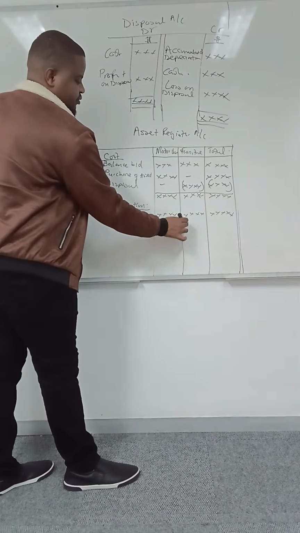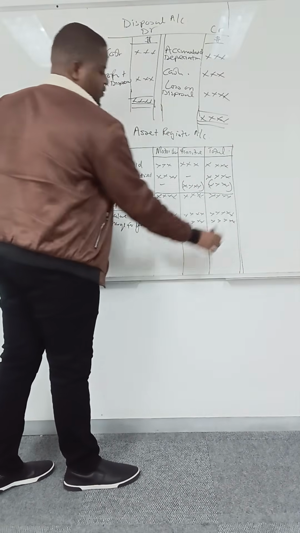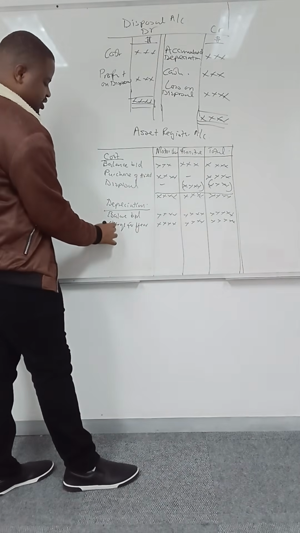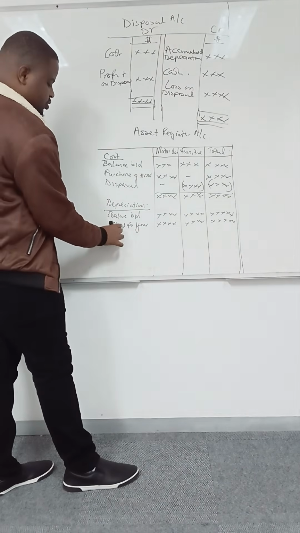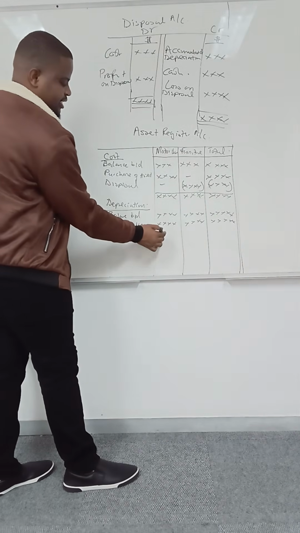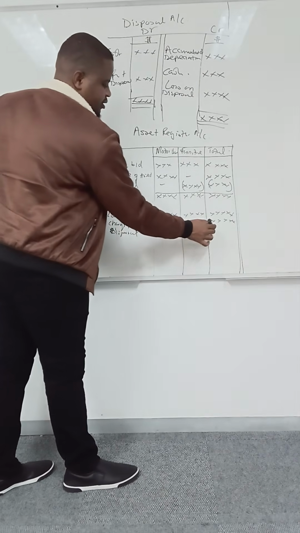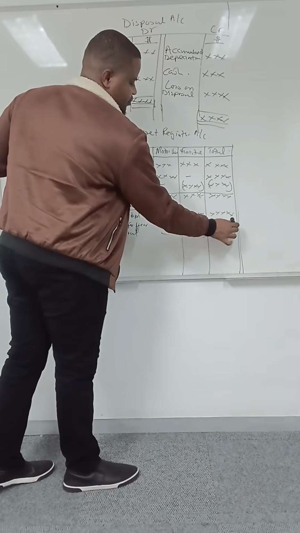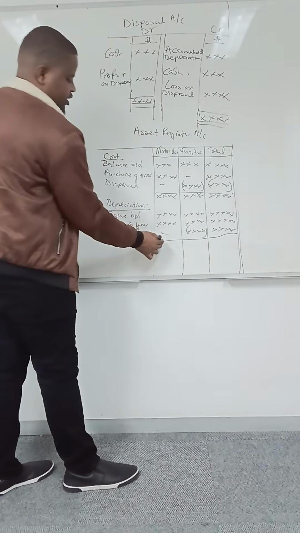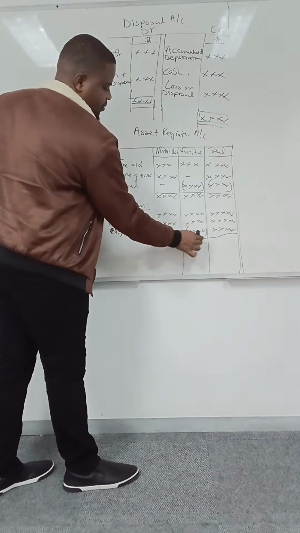Right? Charge for the year. Then after that, we eliminate disposal. When we sold, we eliminate the disposal here. Then what are we going to do? We get our balances.